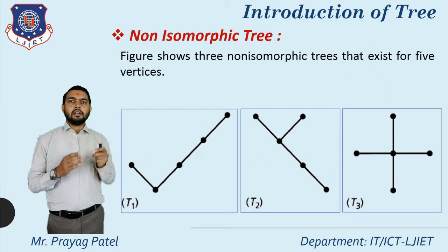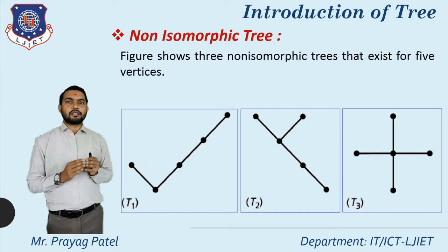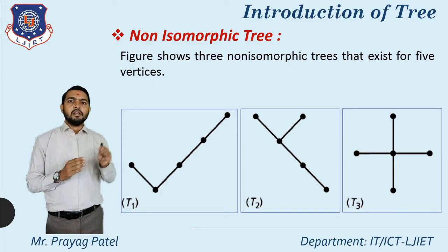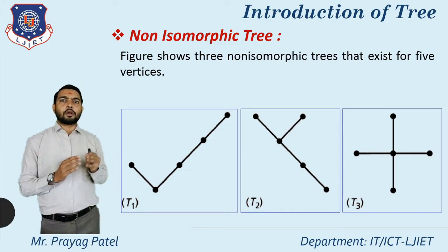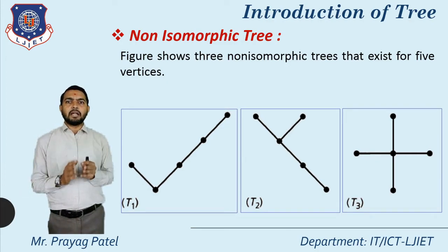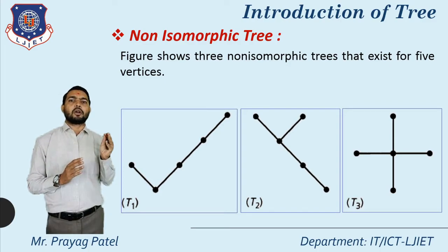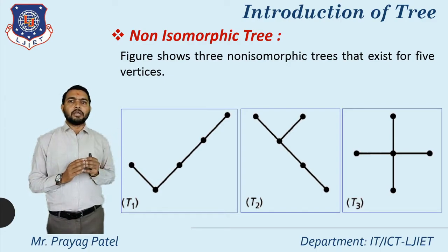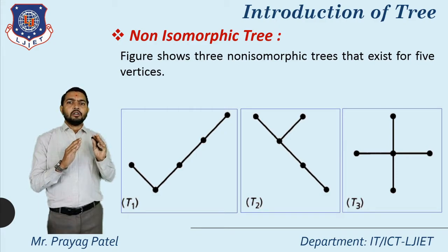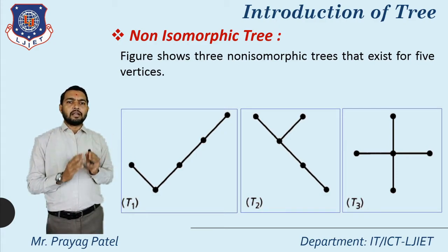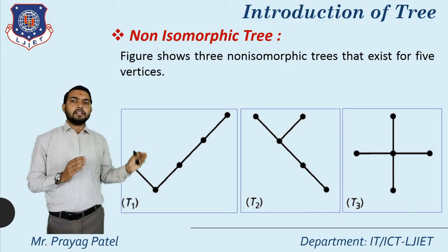Now after that, the next concept is the non-isomorphic tree. We already know what an isomorphic graph is. In the same way we consider isomorphic trees. Two similar trees are considered isomorphic trees: the number of nodes is equal, the number of edges is equal, and the degrees of the nodes are equal. The only difference is that the drawing of the tree is different; then we can say that they are isomorphic. See here T1, T2 and T3.